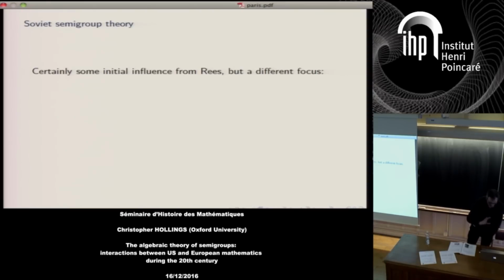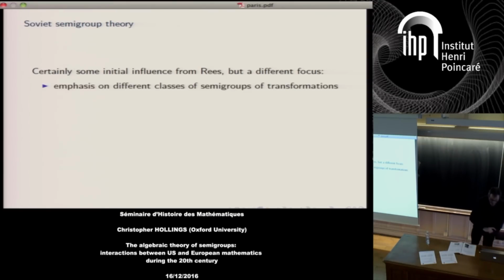And there's certainly a slightly different emphasis in Soviet semigroup theory. There's a lot more emphasis placed on various classes of semigroups of transformations, arbitrary transformations, 1-1 transformations, 1-1 partial transformations, and so on, and related embedding problems, so taking an abstract semigroup and embedding it in various different types of semigroups of transformations or semigroups of matrices.